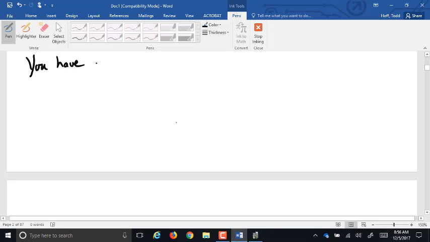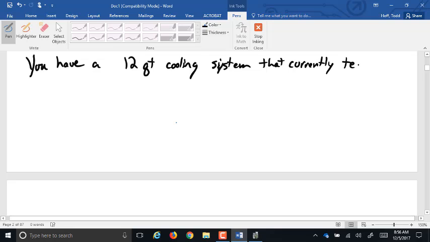Let's say you have a 12-quart cooling system that currently tests at 40%.